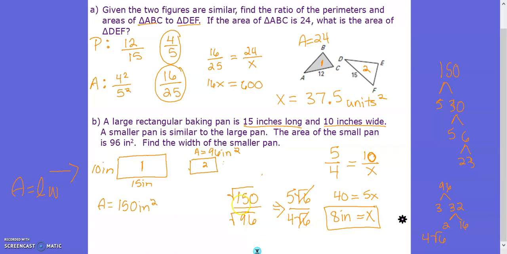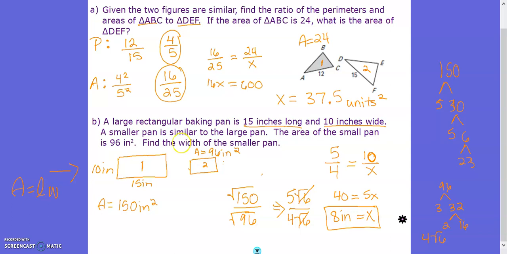The square root of 150 I found to be 5 radical 6, and I simplified the square root of 96 to be 4 radical 6. Awesome! My radicals cross each other out, and I have my ratio of lengths of 5 to 4.